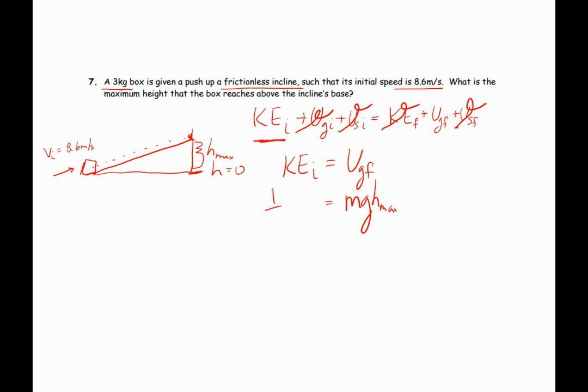is equal to 1/2 mv initial squared. Something that's really cool about this is our masses cancel. So we're looking for our height. We get v initial squared divided by 2g is equal to our maximum height.